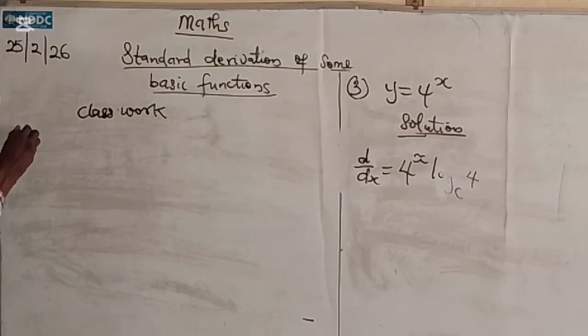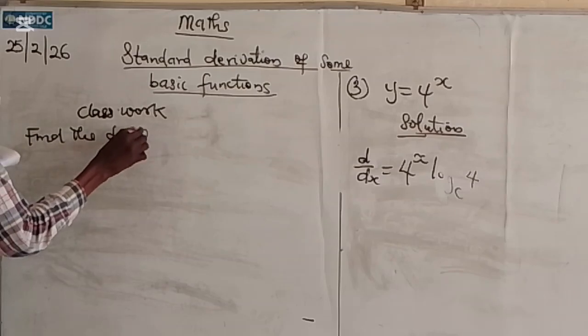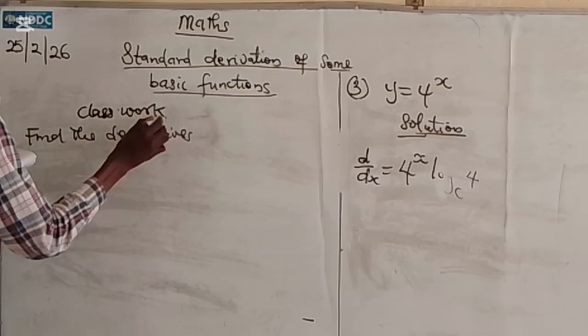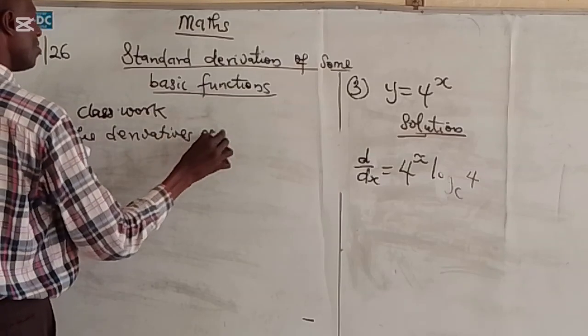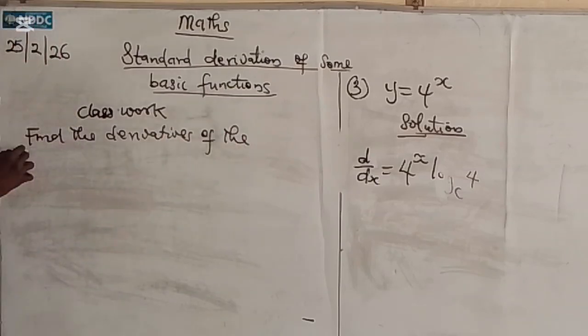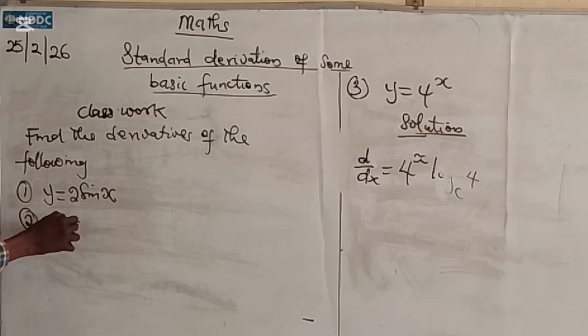Find the derivative of the following. Number 1, y is equal to 2 sine x. Number 2, y is equal to minus cos x.